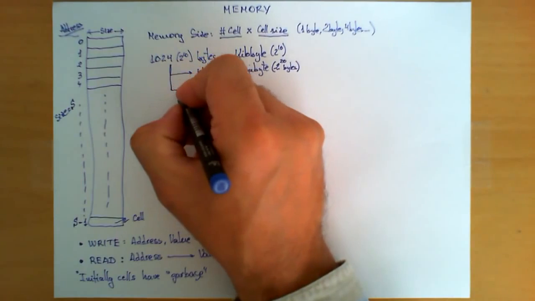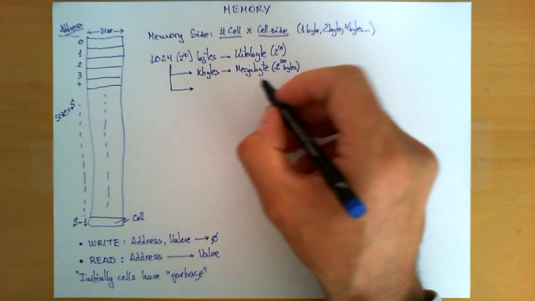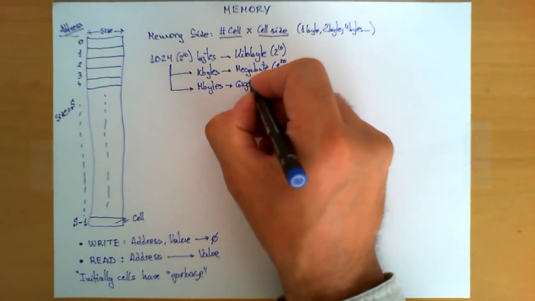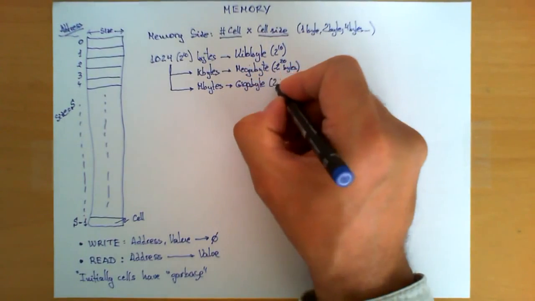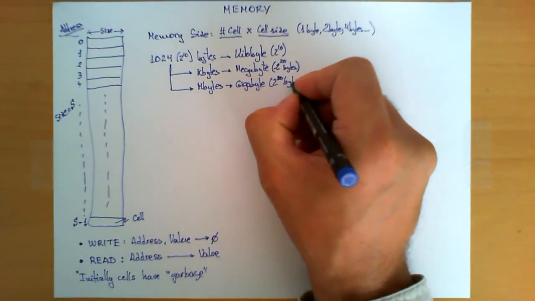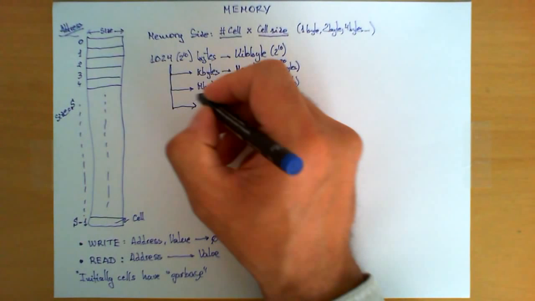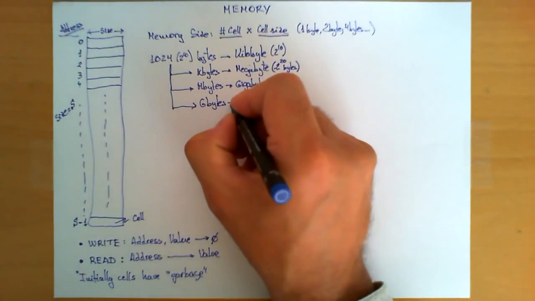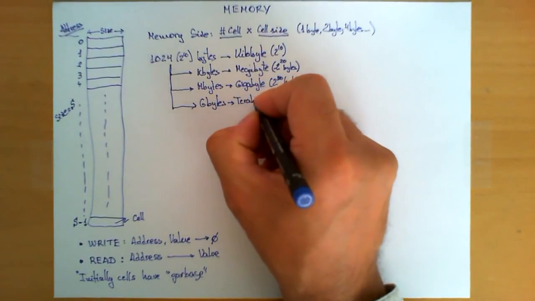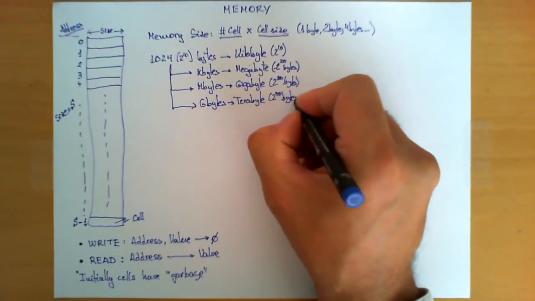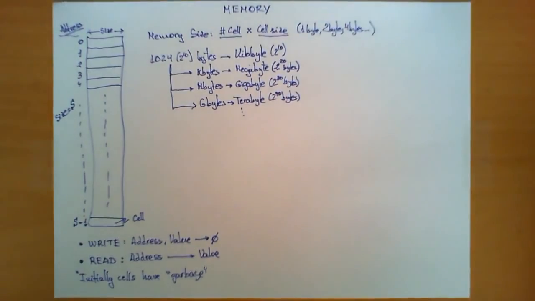If again we have 1024 megabytes, that unit we call a gigabyte, and it's 2 to the 30 bytes. And again, if we have 1024 gigabytes, we have what we call a terabyte, or 2 to the 40 bytes, and so on. There are several additional prefixes that you can use to address different memory sizes.